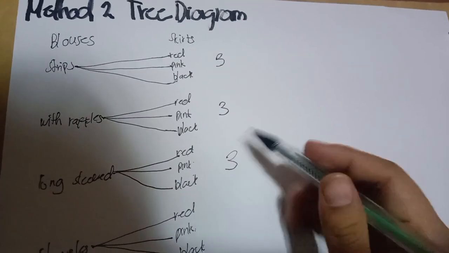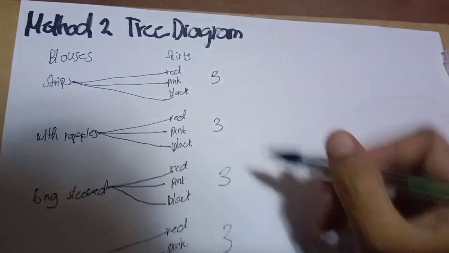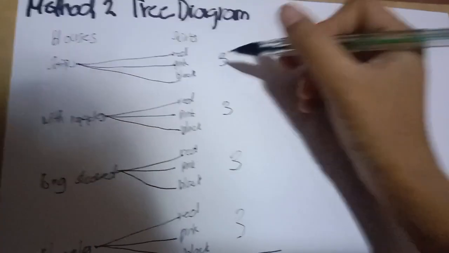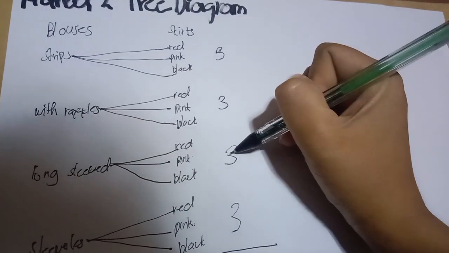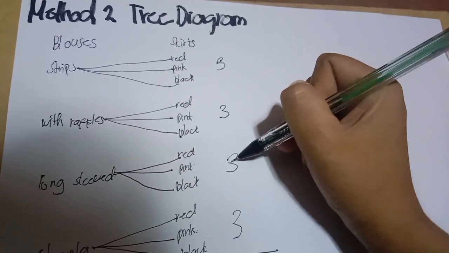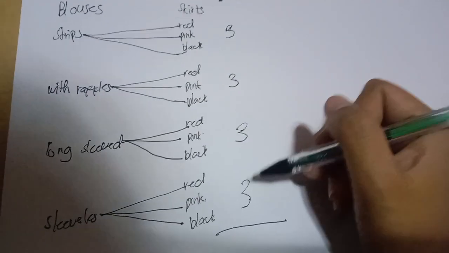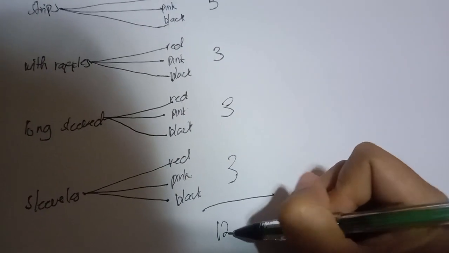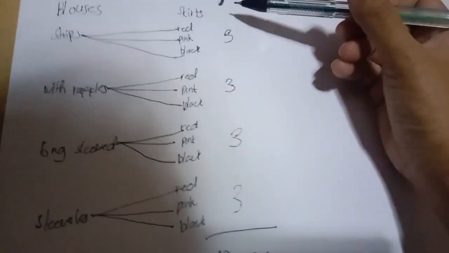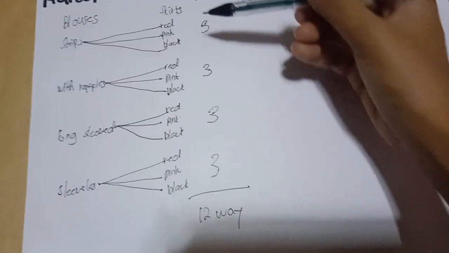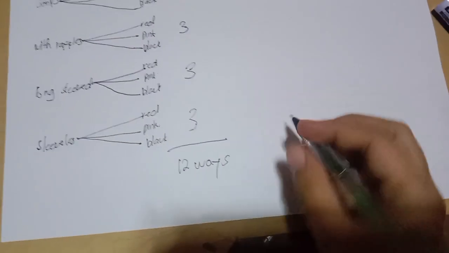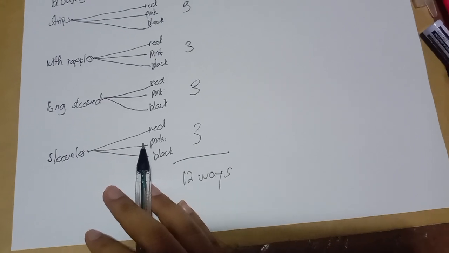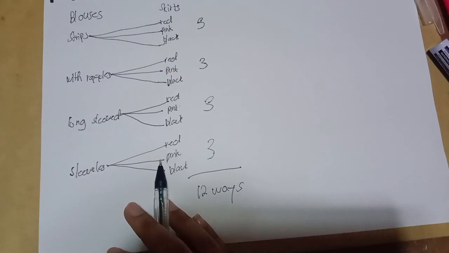Then we add these: 3 plus 3, 6, plus 3, 9, plus 3 equals 12 ways. Using the tree diagram, we can come up with the 12 ways of pairing the blouses and skirts.